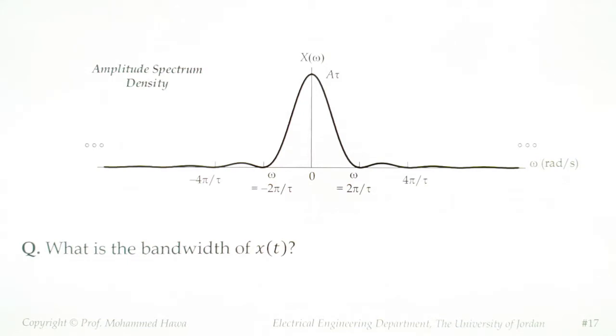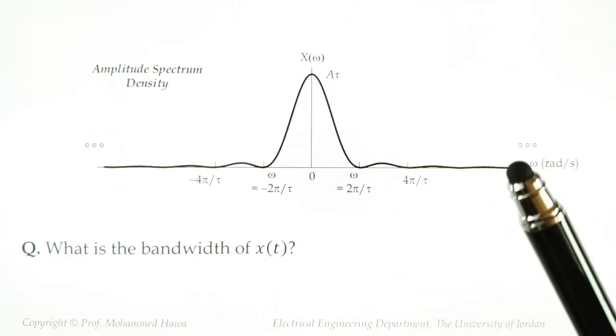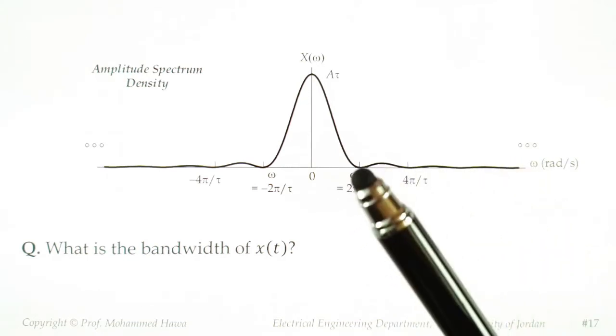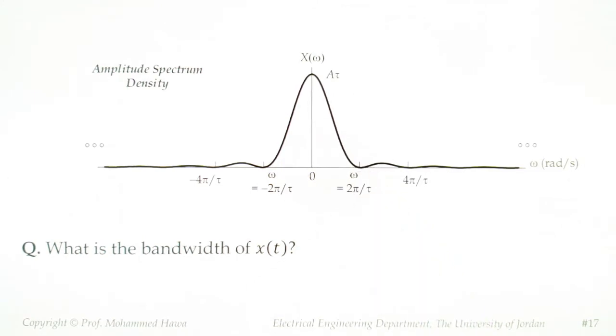This Fourier transform result shows that the components after 2 pi over tau are negligible and can be considered almost 0. So the bandwidth of this signal is 2 pi over tau in radians per second or 1 over tau in hertz. Please practice finding those answers on your own and then compare them to the ones I've shown here.